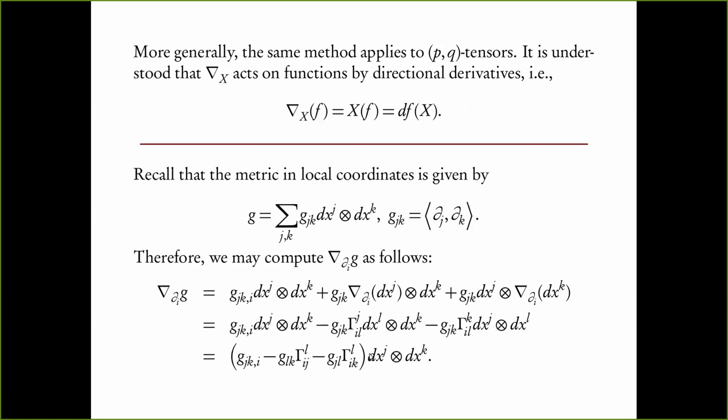But remember, dx^j tensor dx^k forms a basis of the sections of T*M tensor T*M, because this has the right dimension. So this is a sum over j and k. This being 0 means that this coefficient has to be 0 for all i, because this has to be true for all i. So this coefficient has to be 0 for all i, j, and k. Correct?